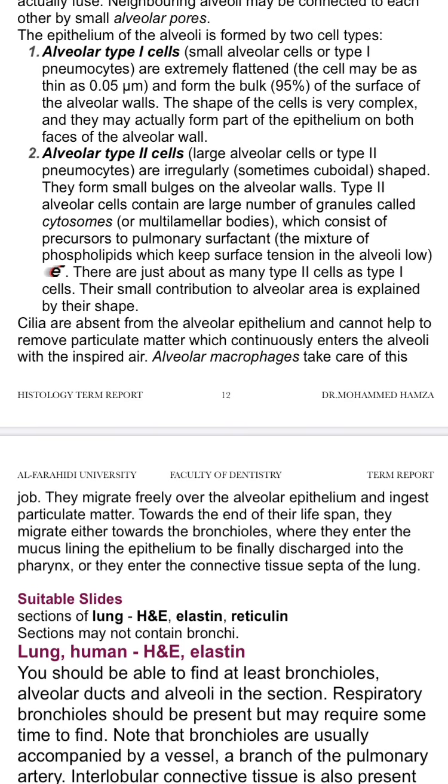There are about twice as many type 2 cells as type 1 cells. Their small contribution to the alveolar area is explained by their shape.